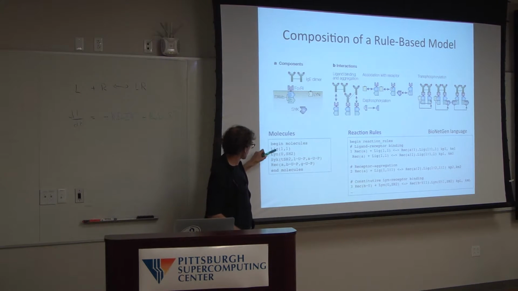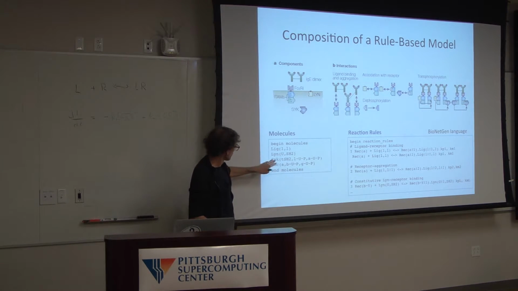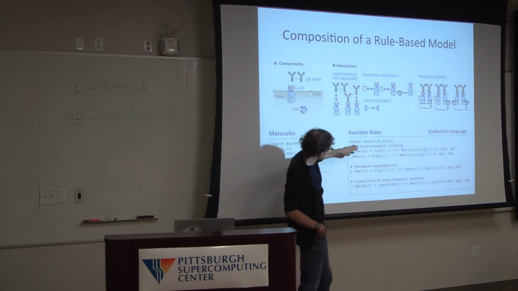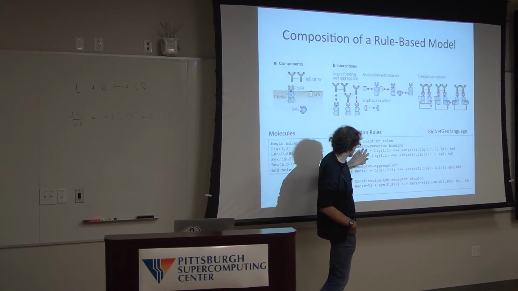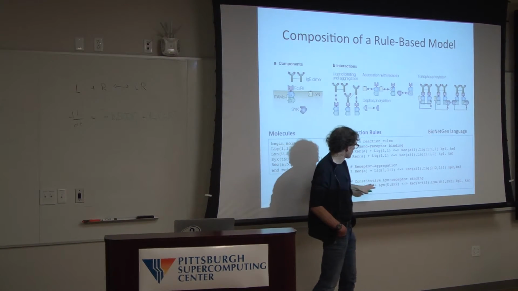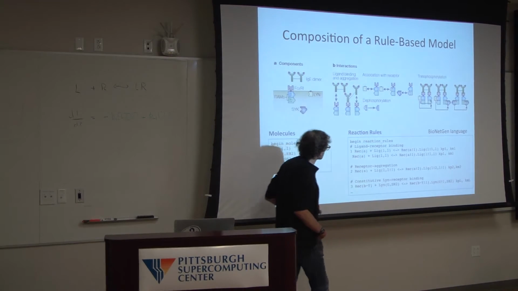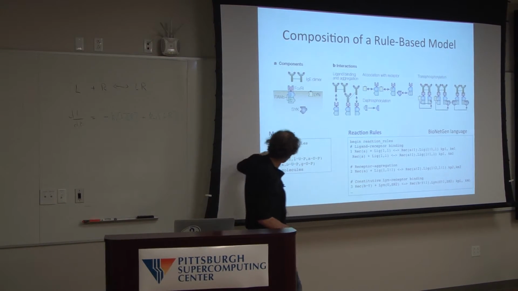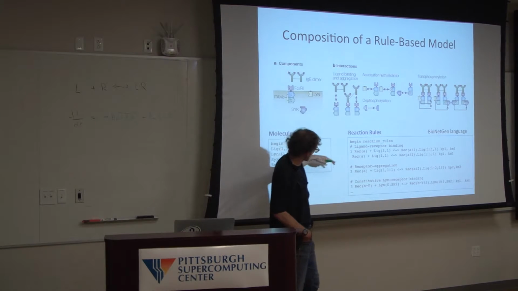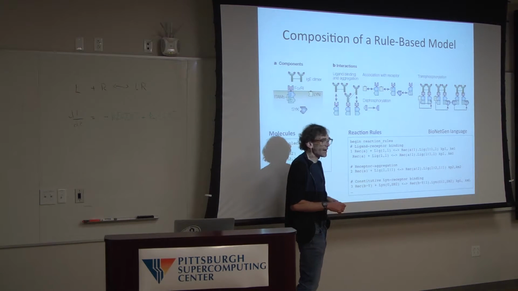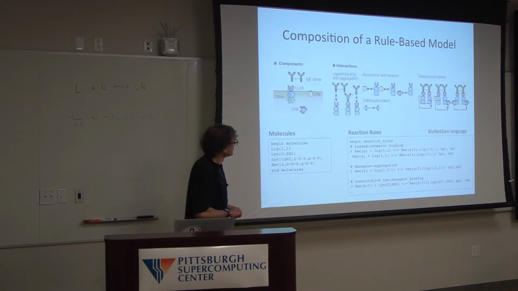So I can represent the binding sites and the post-translational modification sites on my molecules. And then I write rules that modify those interactions. They create bonds, or they carry out phosphorylation. And so, these are snippets of this BioNetGen modeling language that allow us to describe these interactions.